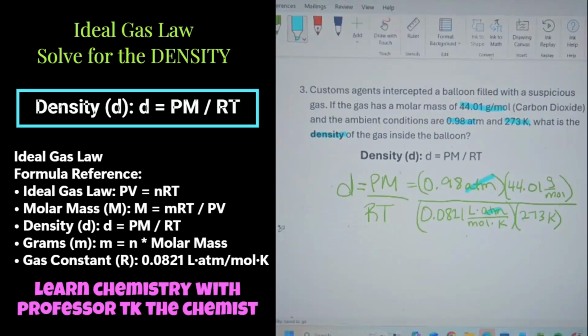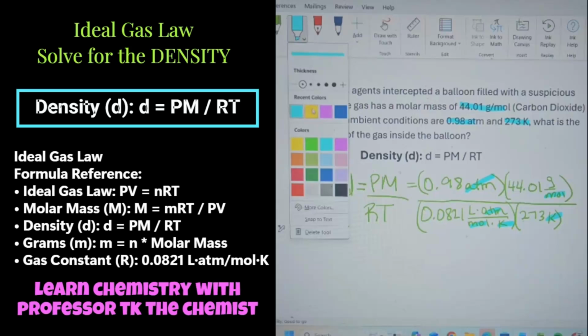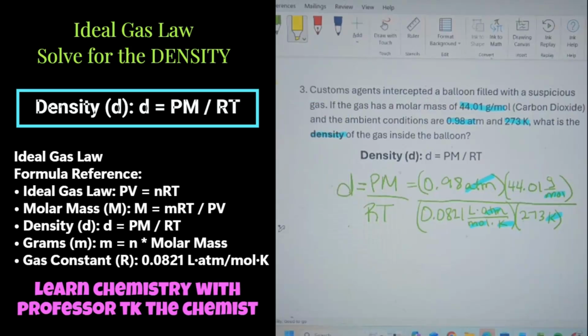If you get rid of your atms, get rid of your moles, get rid of your kelvins, the density units are, y'all should remember this from the beginning of the semester, grams per liter or grams per milliliter, and there you have it. So what you're going to do here is multiply everything that you see, top row, bottom row, to get your density.